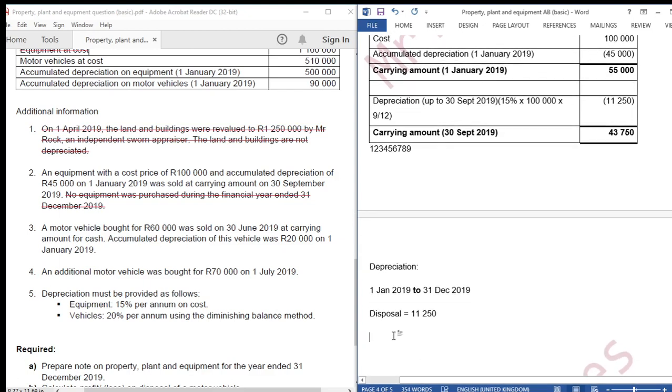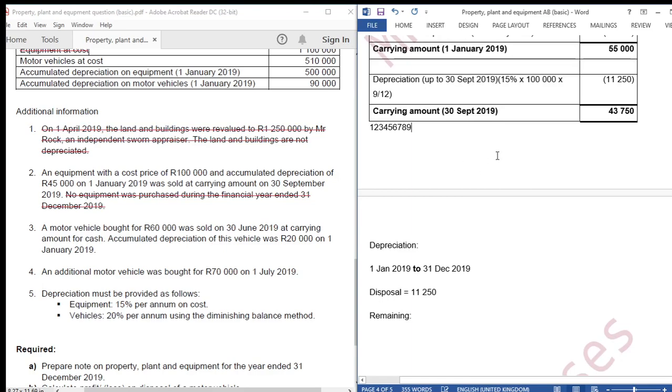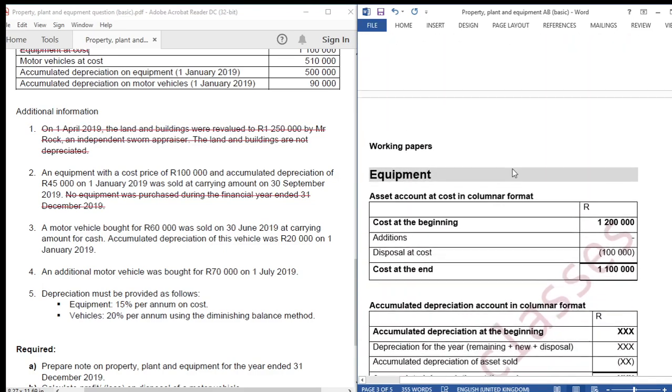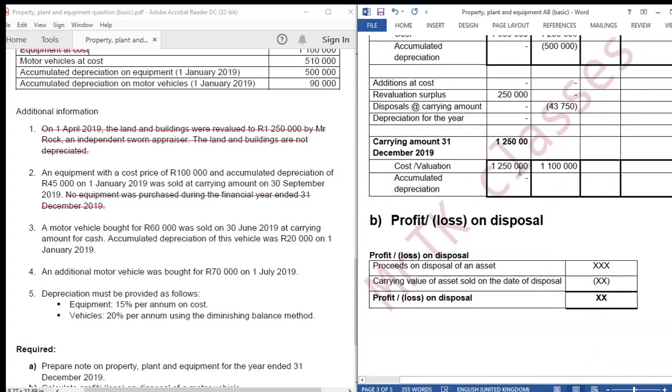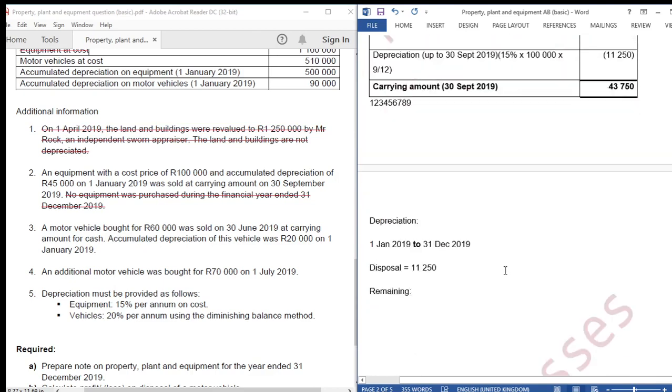We also have remaining equipment. We didn't sell all the equipment. We have remaining equipment. What is its cost? 1,100,000. Okay.